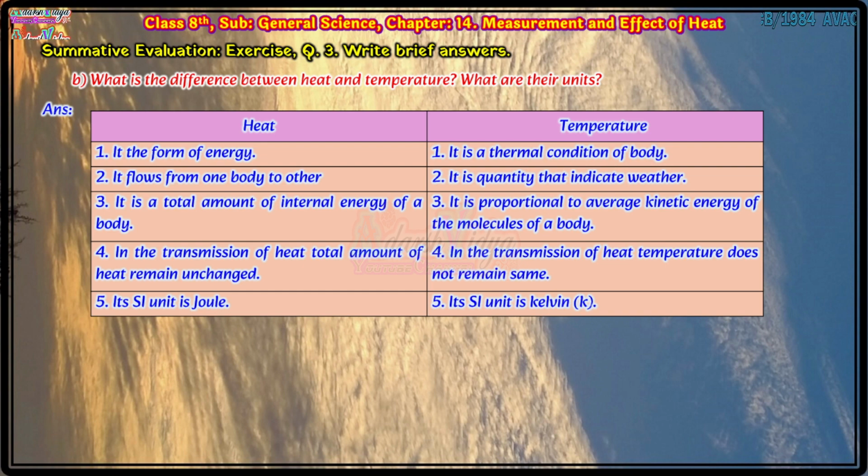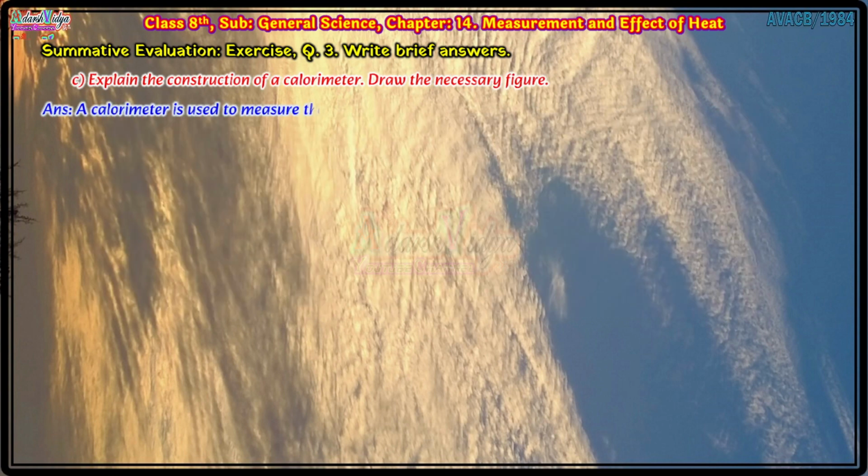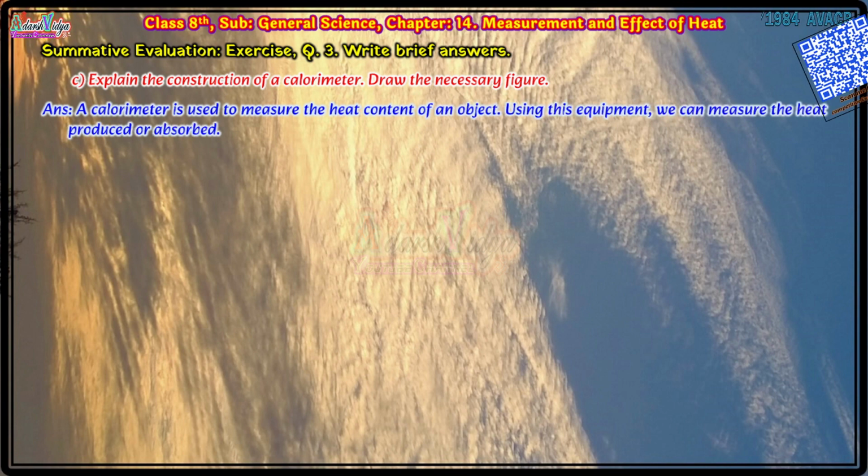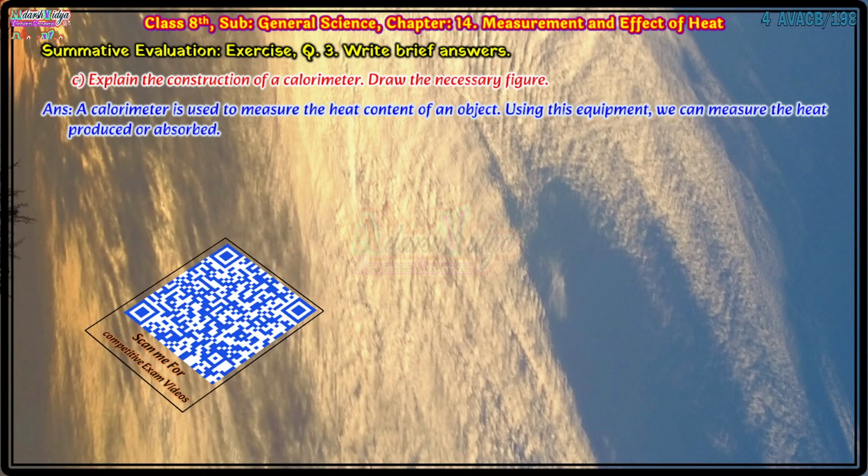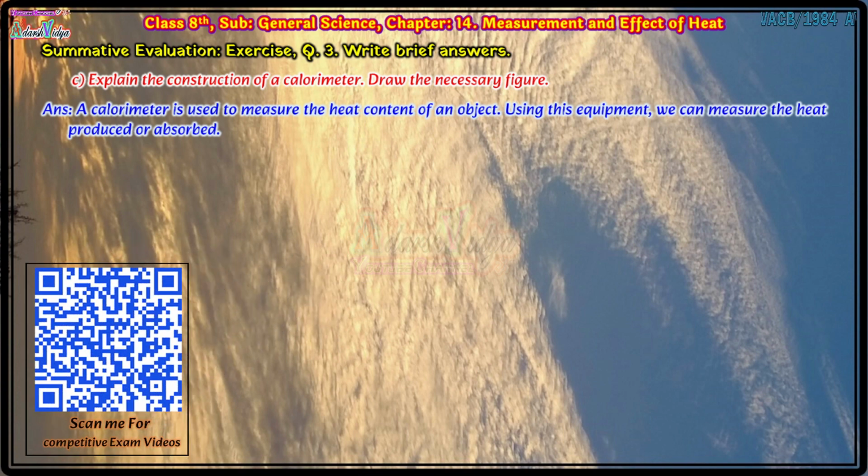Next question is: explain the construction of a calorimeter. Draw the necessary figure. Answer: a calorimeter is used to measure the heat content of an object. Using this equipment, we can measure the heat produced or absorbed.